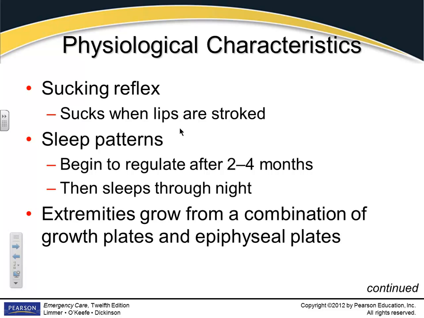Extremities grow from a combination of growth plates and epithelial plates. So, we had my son at probably about 11 to 12 months, broke his arm. And, a little bit of cast, that big. And it ended up being just a hairline fracture, but they weren't concerned about it because it wasn't on a growth plate.